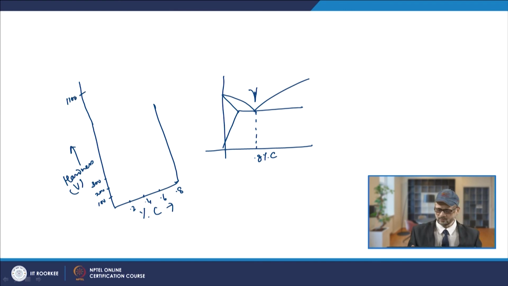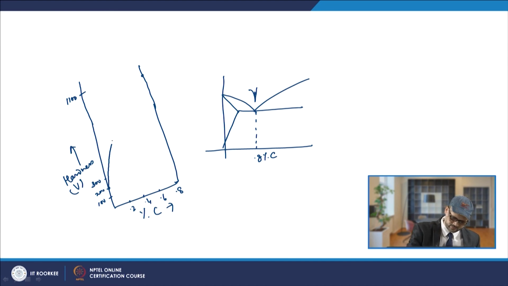1100. Now, what is seen is that when there is a change in the carbon content, the martensitic structure has increased hardness, which is 200 Vickers at say 0% carbon, and it goes to about 1050 or so at 0.8% carbon.